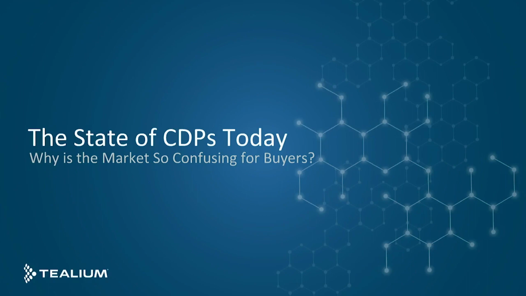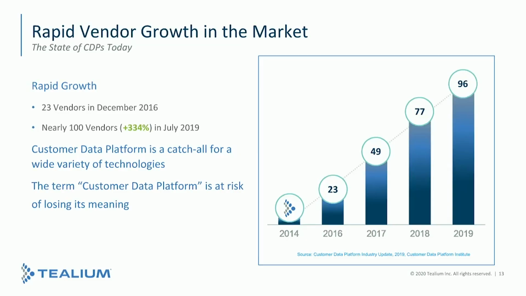So, let's move into where a CDP is at today. As I said, it's a bit of a confusing market. What we know is that it's exploded. When I first started working in CDP for Telium in 2014, there were very few capabilities in the marketplace that called themselves CDP.